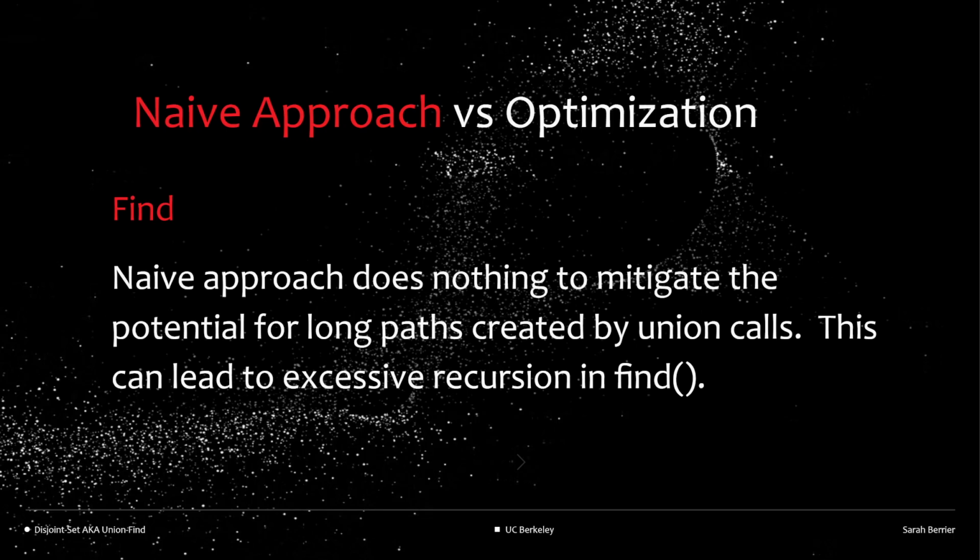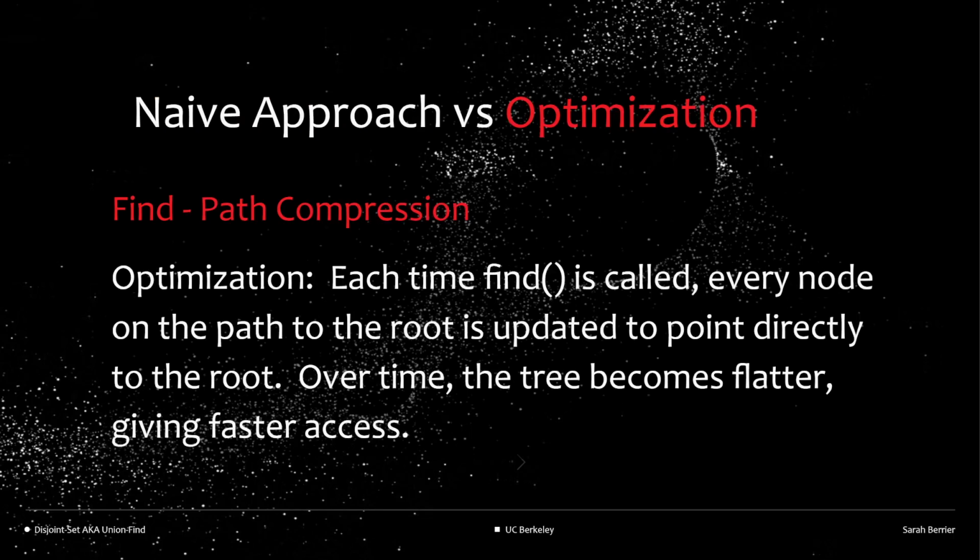And then when you try to find what set a particular node is in, you have to go up a very long path to get to that root. So the optimization here is called path compression. Every single time find is called, every node that's on the path from that node to its root is updated to point directly to the root. And over time, the tree becomes flatter and it gives very fast access.